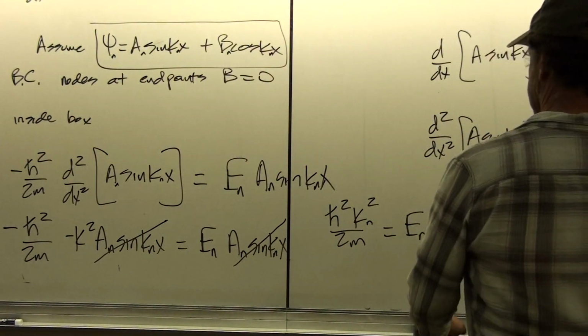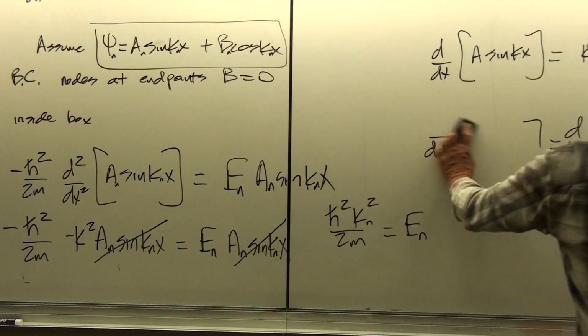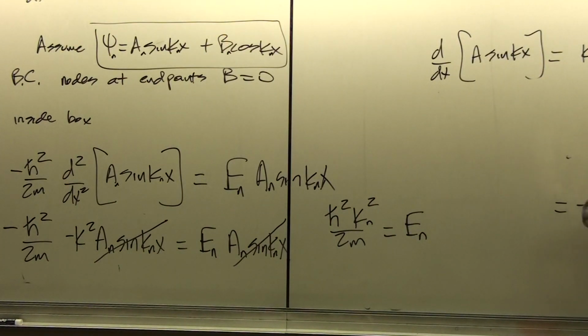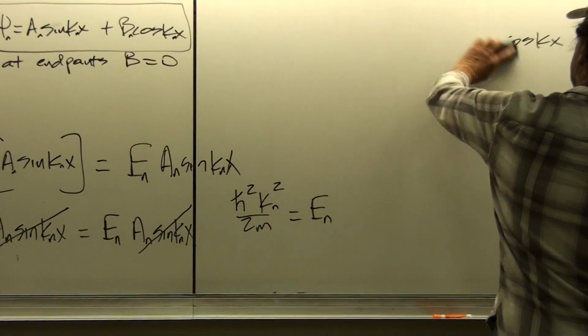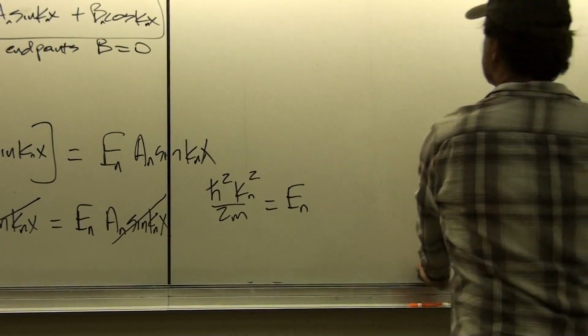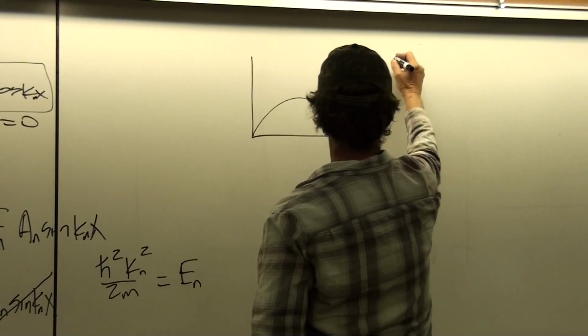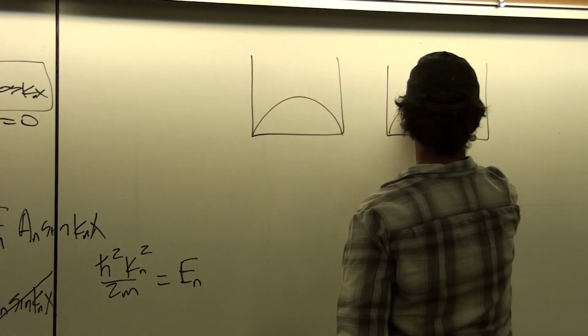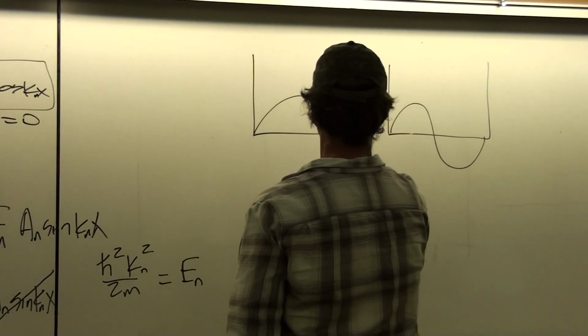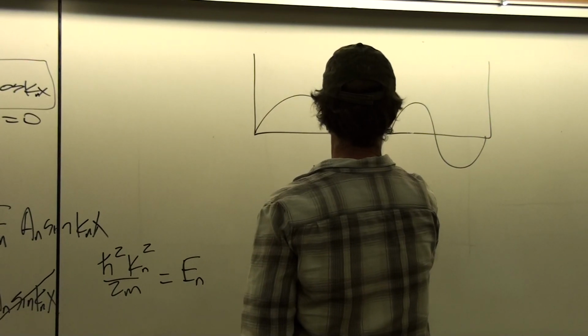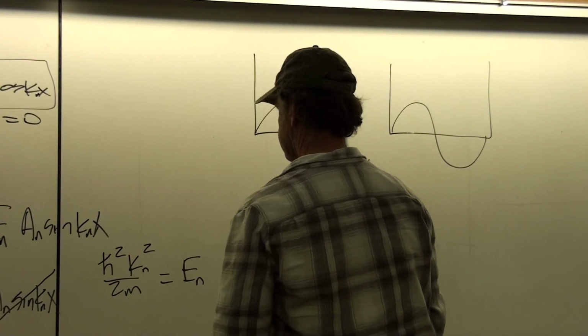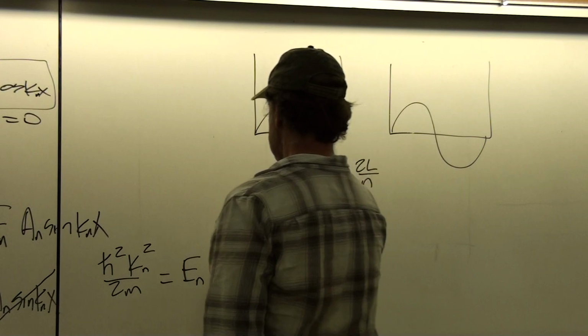Okay, and so we're going to need to go a little farther with this, using the fact that the boundary conditions are nodes at the endpoints. Lambda_n we saw before was 2L over n. So we'll plug that in here.